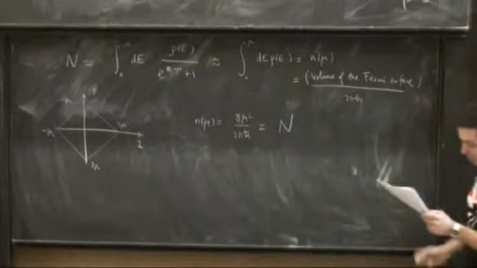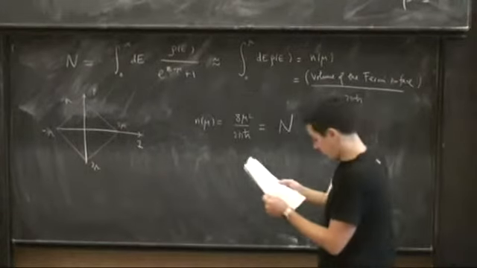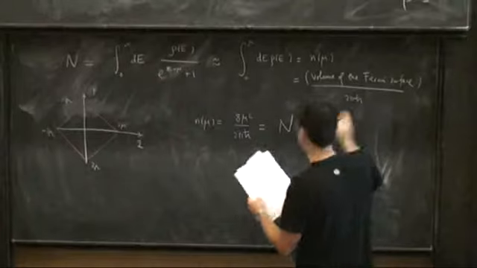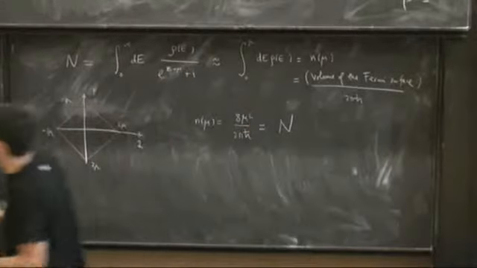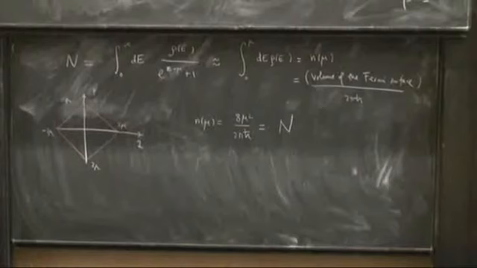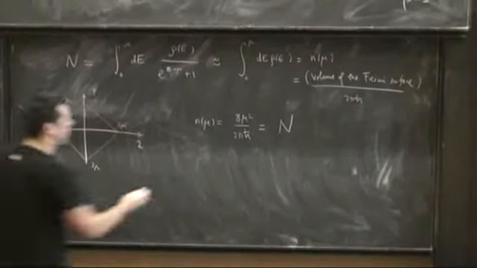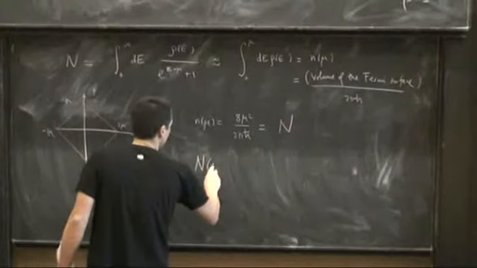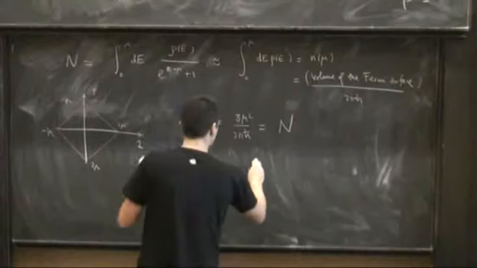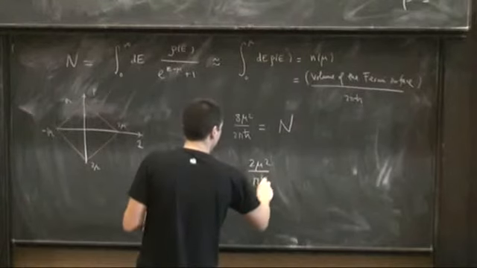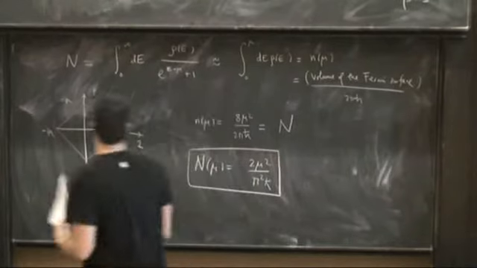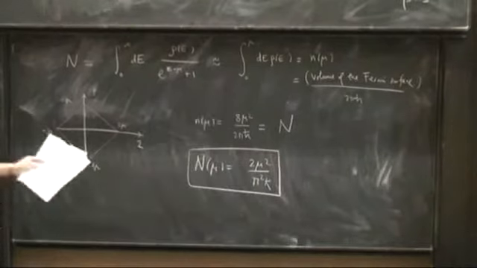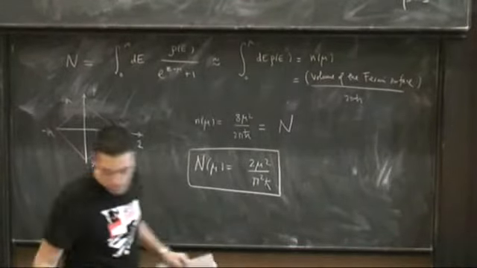Sorry, but remember that 2 pi h bar is 2 pi k, so I get my final equation: n of mu is actually 2 mu squared over pi squared k. Now with this we can do everything. This is trivial, right? This is the area of this square. So we can do everything now.